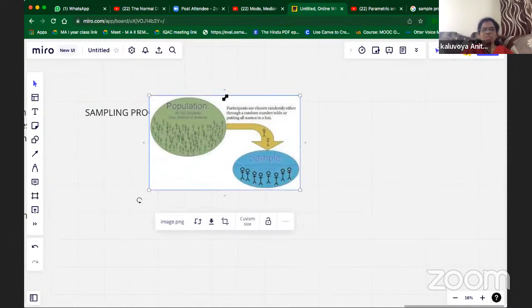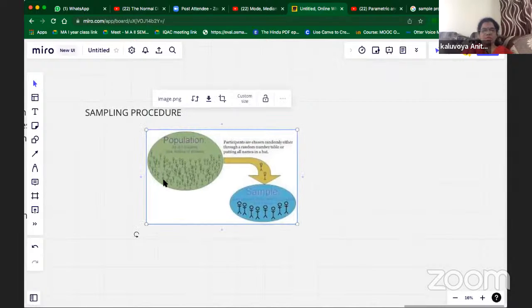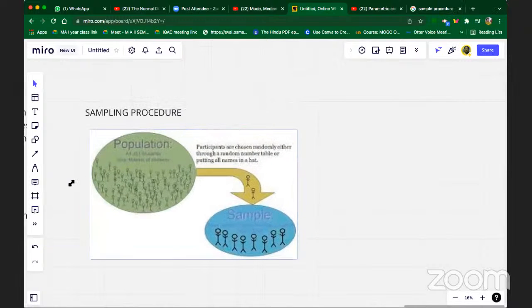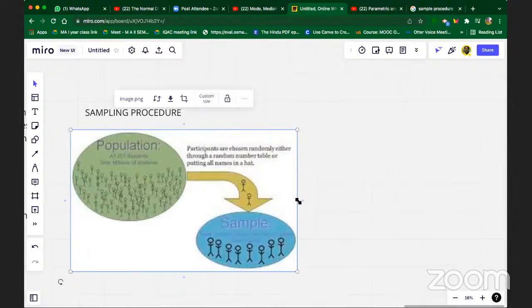Are you able to see this picture? Population and sample. Yes, madam. I'll make it a little larger so that you'll be able to see.